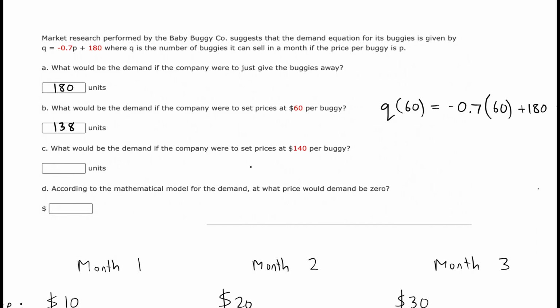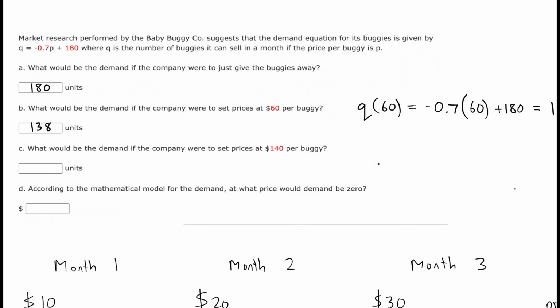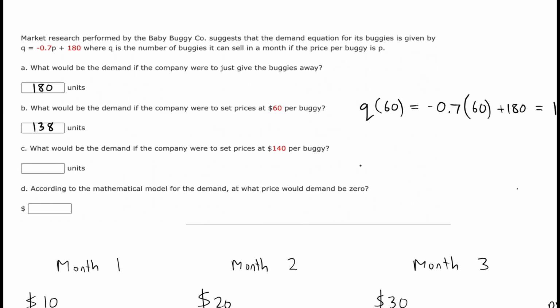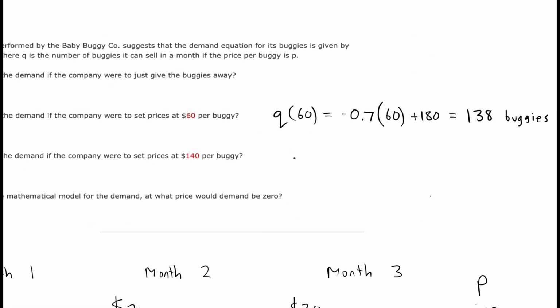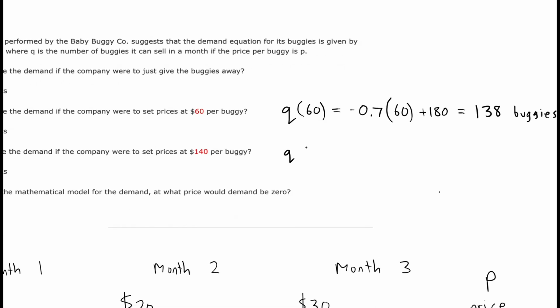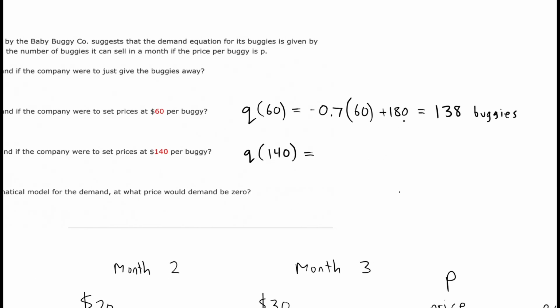What would be the demand if the company was to raise the price all the way up to $140 per buggy? And like I was alluding to, we'll show that just raising your prices in a free market does not mean you're going to make more money. Because fewer people are going to agree to purchase the item that you're raising the price on, and you have to compete with your competitors.